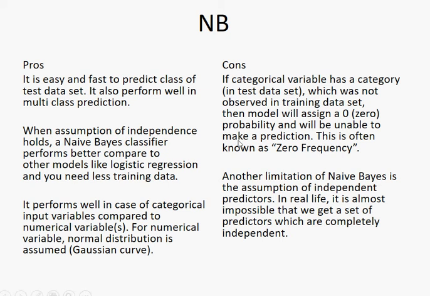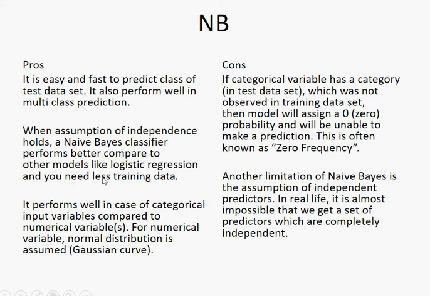So this is a limitation of the naive Bayesian classifier. Another limitation is the assumption of independent predictors. In real life, it's nearly impossible to get a set of predictors that are completely independent. But in general, it performs well unless your predictors are highly correlated.